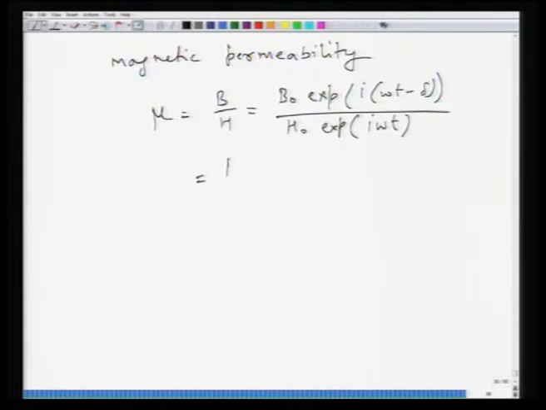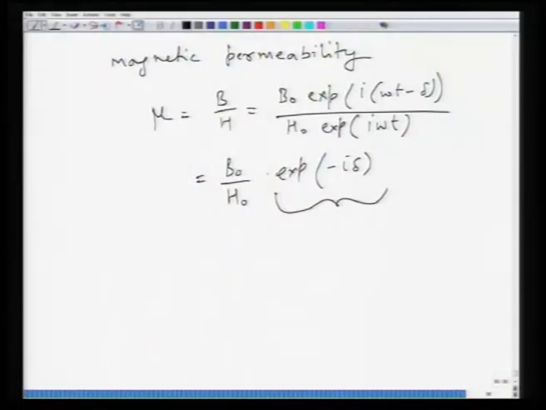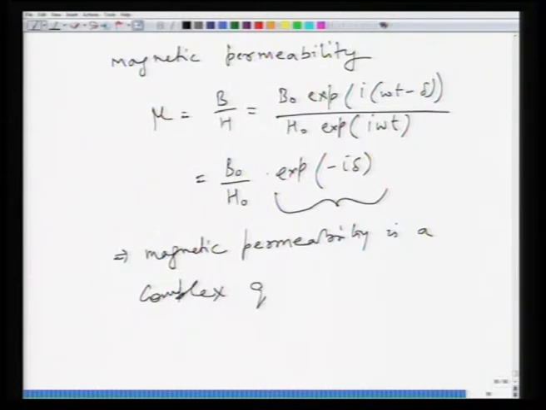If you rearrange the terms, what you get is B naught divided by H naught into exponential of minus i delta. And this term, being a complex quantity, suggests that mu is also a complex quantity. So as a result, magnetic permeability is a complex quantity.